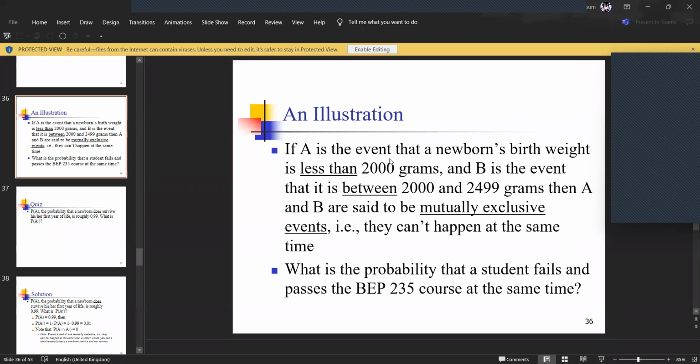Then you can't have a baby that's both less than 2,000 grams and between 2,000 and 2,500 grams. Again, this is different from the complement, because the complement of A, where A is less than 2,000 grams, is just not less than 2,000 grams.